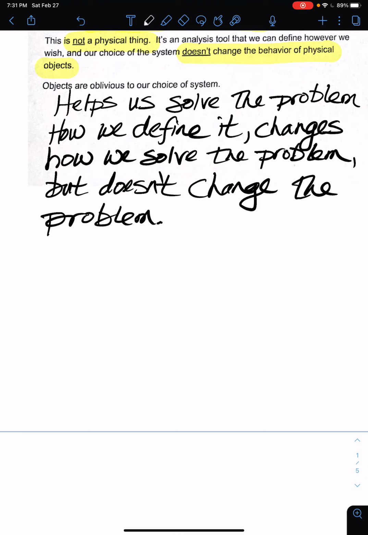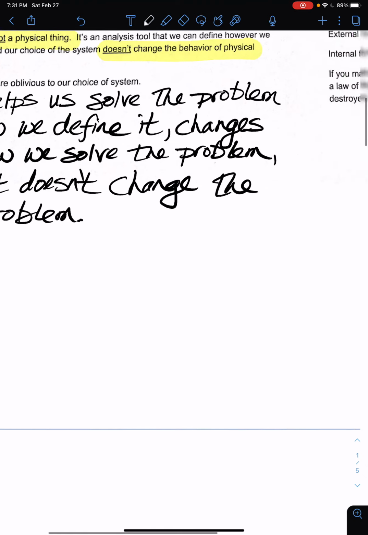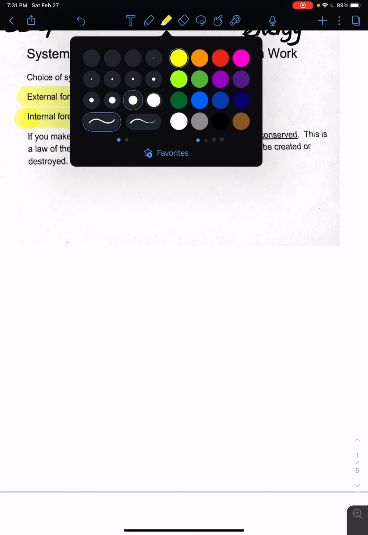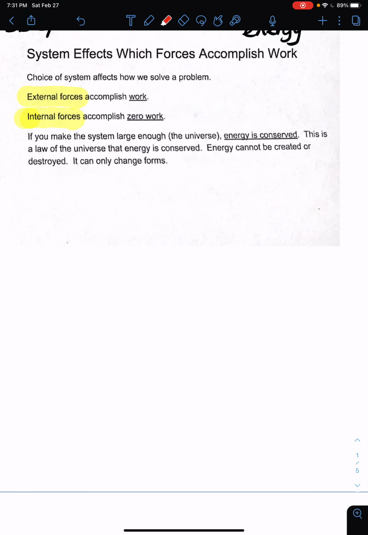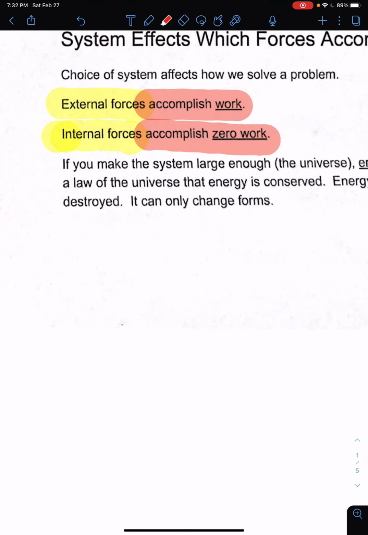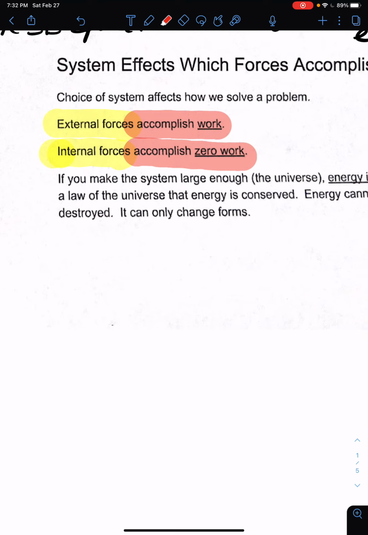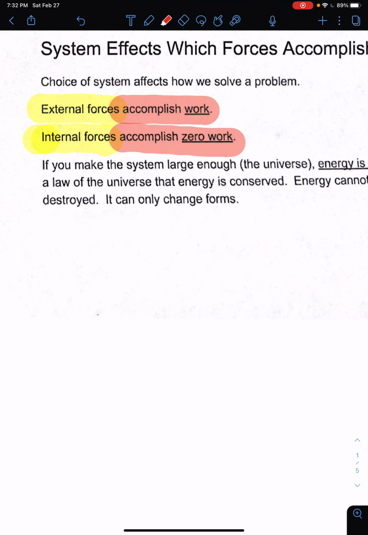Okay, well, systems are important because if something is outside of the system, we call it external. And if something's inside the system, we call it internal. And furthermore, external forces accomplish work, and internal forces do not accomplish work. So how you define the system defines how much work is being done and the types of energy we have.